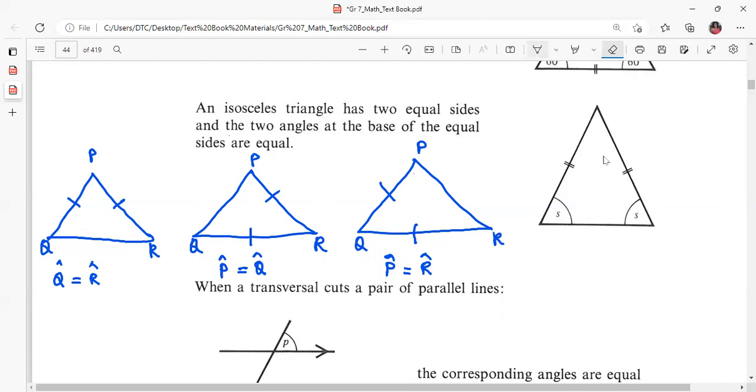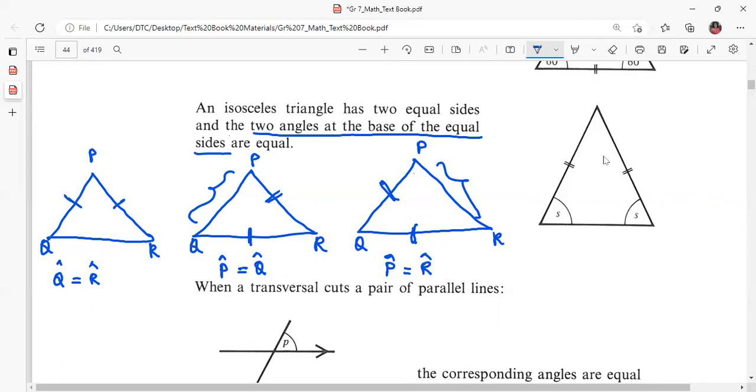Otherwise you think always, whatever the isosceles triangle, these two angles will be equal. No, if you read the description here, two angles at the base of the equal sides. So if you take these two sides, this will be the base.